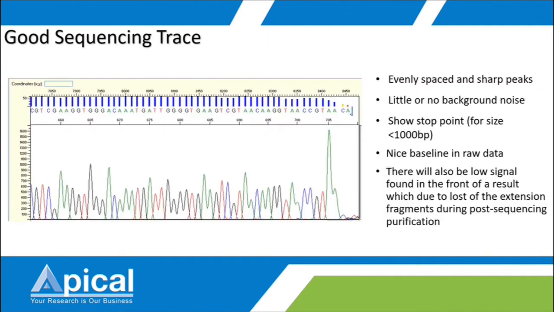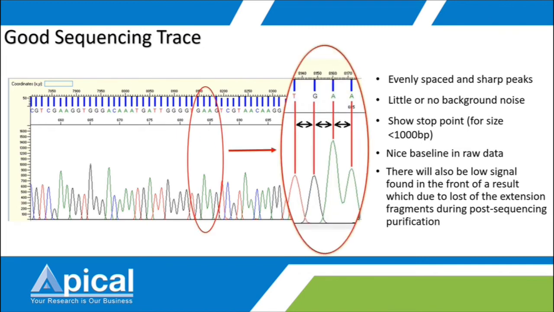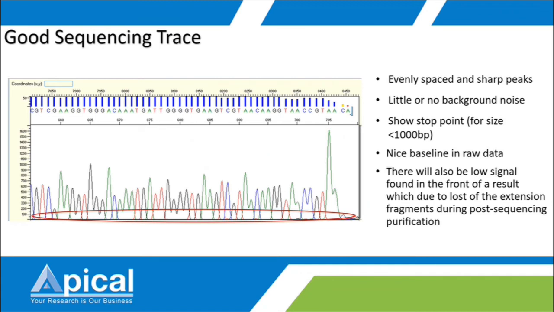A little bit on the sequencing result. You need to make sure the peaks of the sequencing result are sharp and evenly placed with little or no background noise. If it is ITS, the product size is around 700, so you should find the sequencing result ending with an A here.